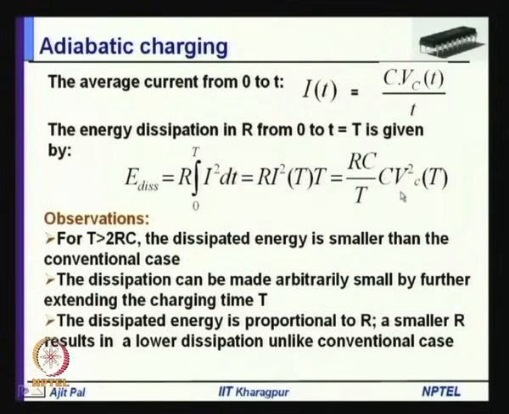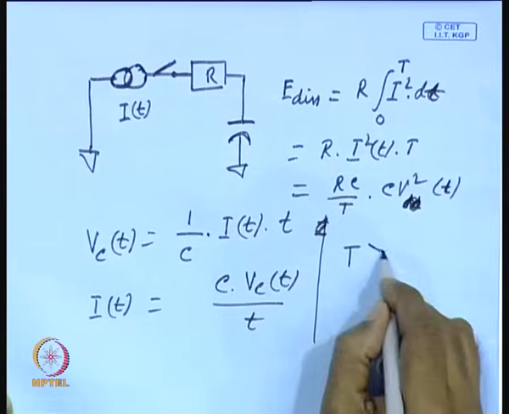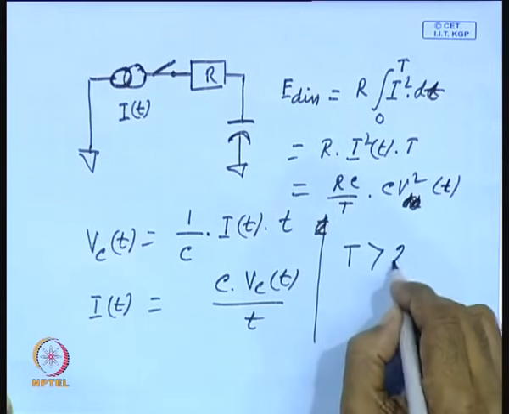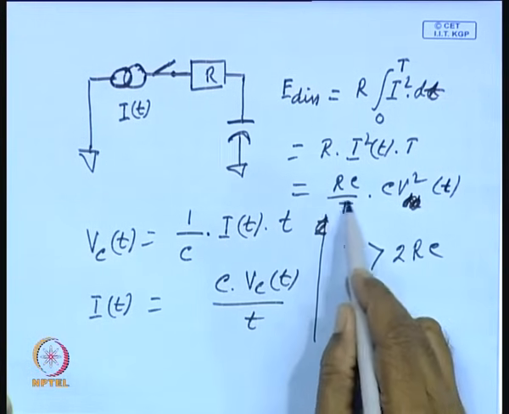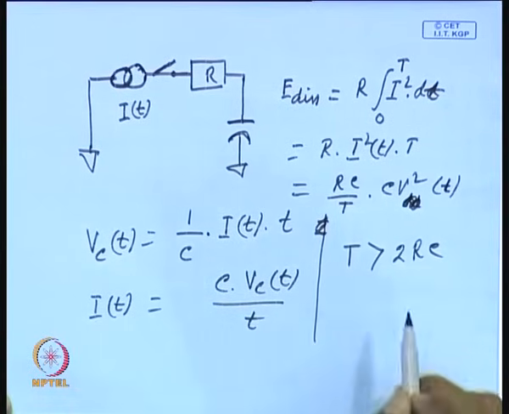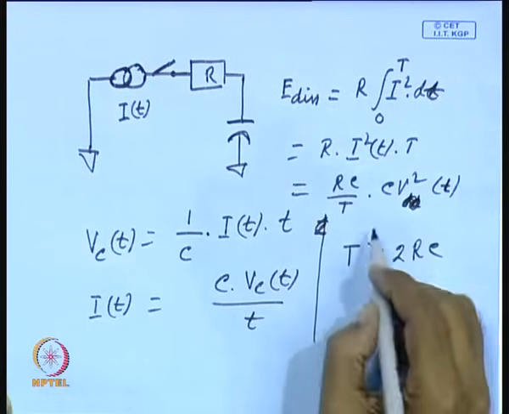Now, in what way is it different from our previous expression? Let us consider the case when t is greater than 2RC.